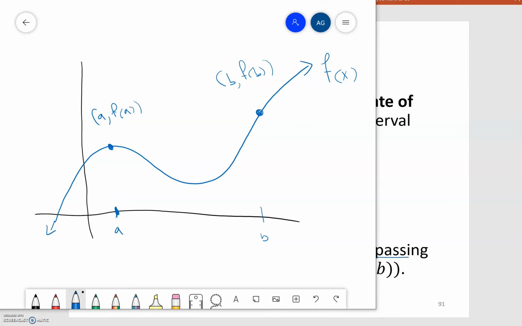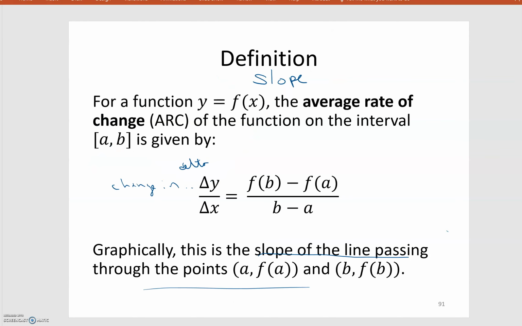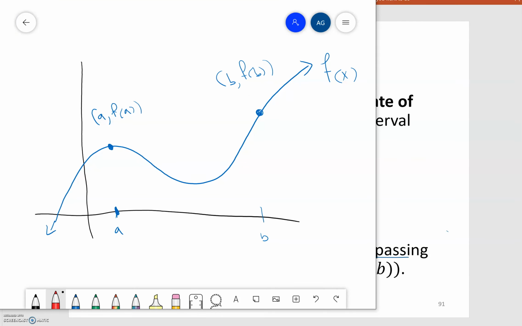Now, the average rate of change, as this says, is the slope of the line passing through these two points. So let me draw the line passing through those two points. Okay, so there's the line passing through those two points.